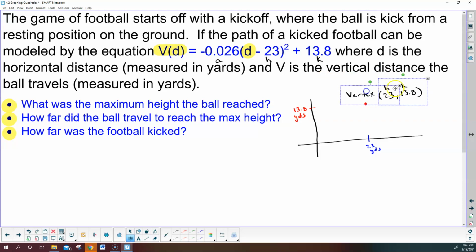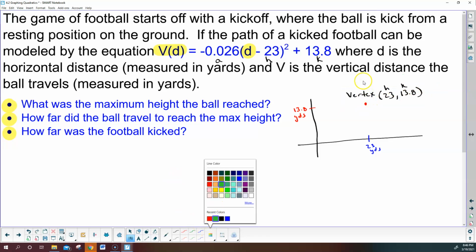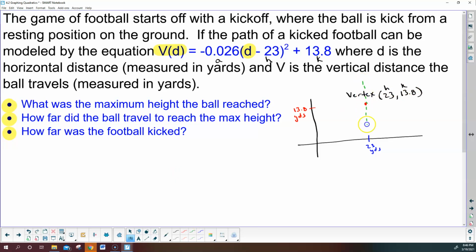From that information, and the fact that we know the axis of symmetry occurs at 23 yards, well, we can answer the first question, what was the maximum height?